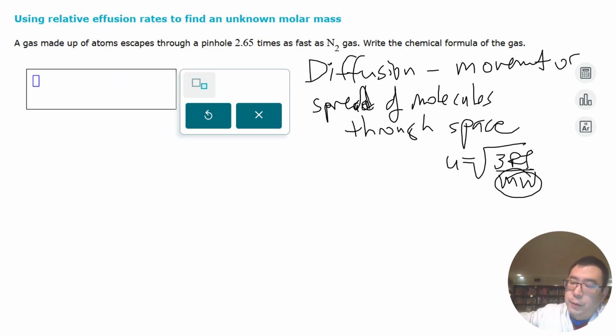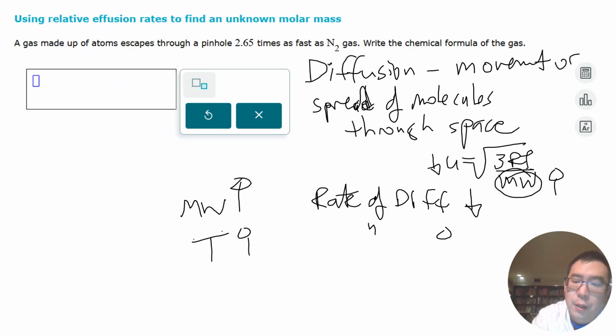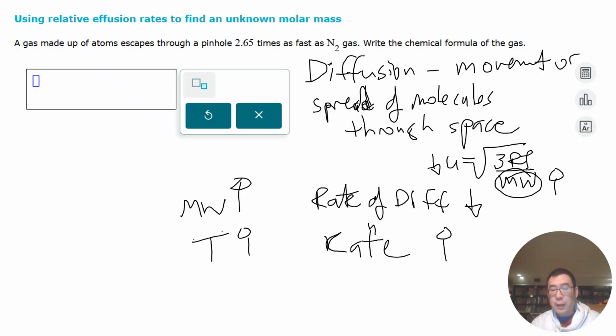Molecular weight is in the denominator, right? It's in the basement. So as the molecular weight goes up, the speed goes down, and so therefore the rate of diffusion goes down, right? As molecular weight goes up, the rate of diffusion goes down. And as temperature goes up, the rate of diffusion goes up. Now we're not going to do calculations with diffusion.